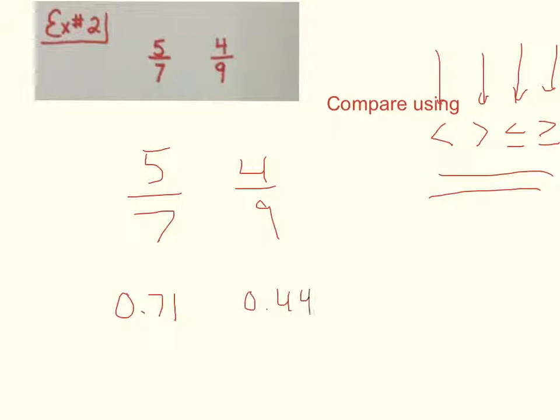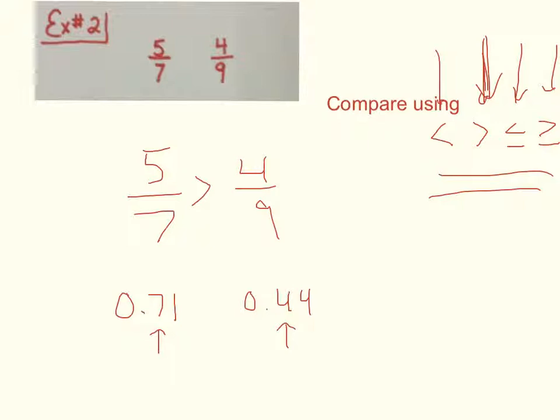It's pretty easy to tell, when comparing decimals, which one's larger. Start at the decimal place and compare the first 2 numbers, and if they're the same, go to the next ones until they're different. In this case, we got a 0.7 and a 0.4. 0.7 is definitely larger. So I'm going to use this second symbol here, greater than. 5/7 is larger than 4/9.